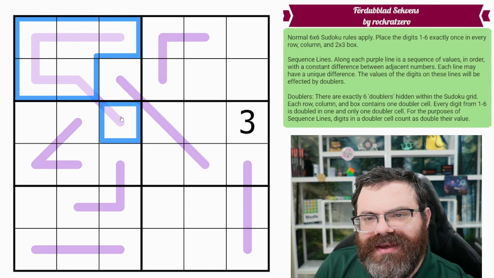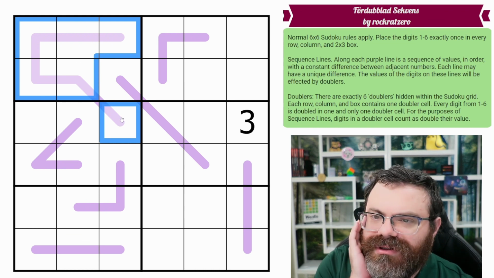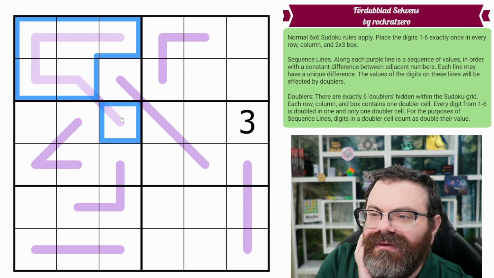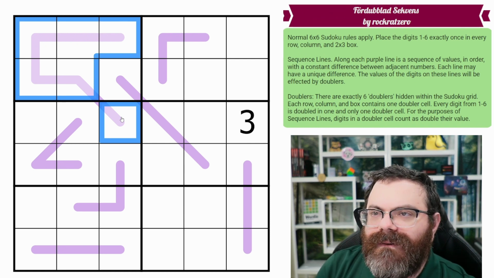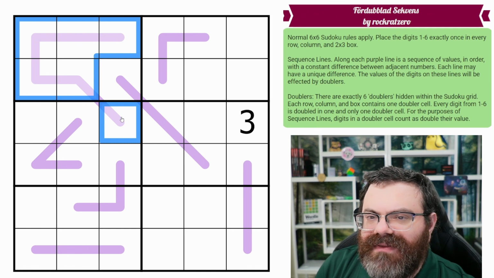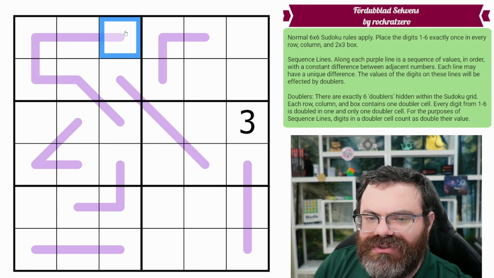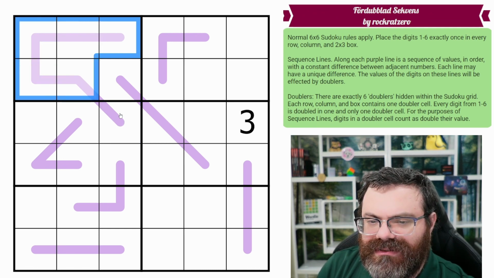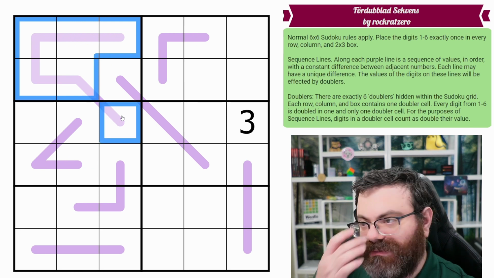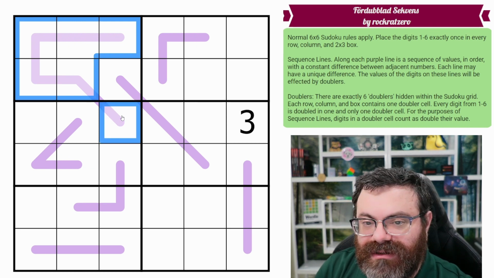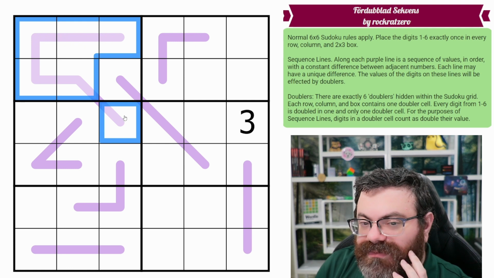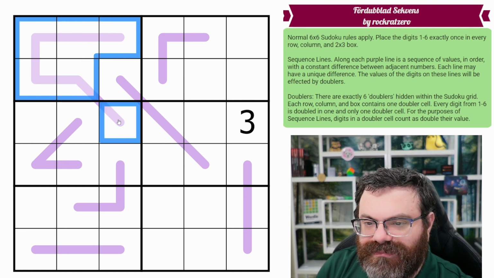In fact, if I include a doubled 4 to get to 8, I don't think I can do 2, 4, 6, 8, 10, 12. 8, 10, 12 is too many doublers. I really think we're just a sequence increasing by 1. 1, 2, 3, 4, 5, 6.